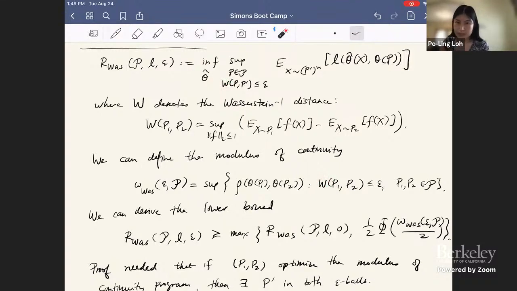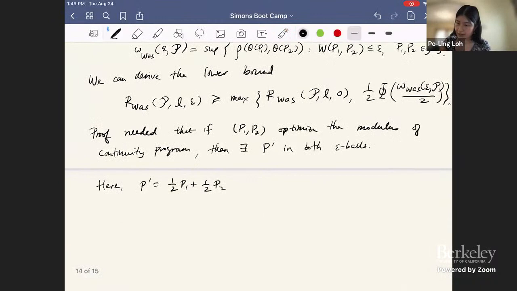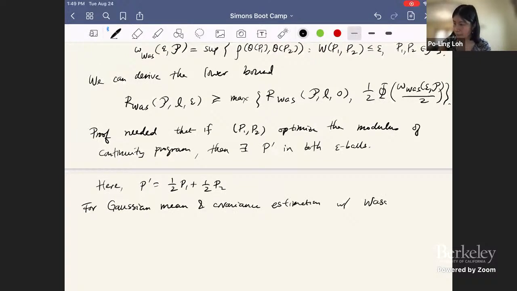And maybe the last thing is that for Gaussian mean and covariance estimation with Wasserstein contamination, you can actually show that the modulus of continuity is of the same order as in the TV case.